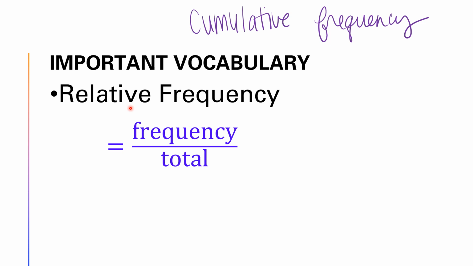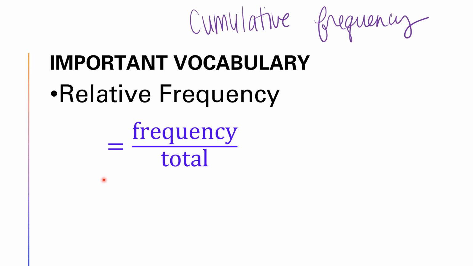This is going to give you an idea of what percentage of my data values, what percentage of my data points fell into that category. Was it a large percentage or a small percentage? Again, reading this and interpreting it intuitively, frequency means count, so this is how large is the count relative to all of the other data points in my data set.